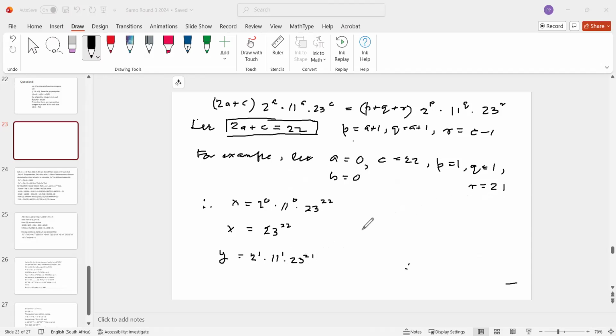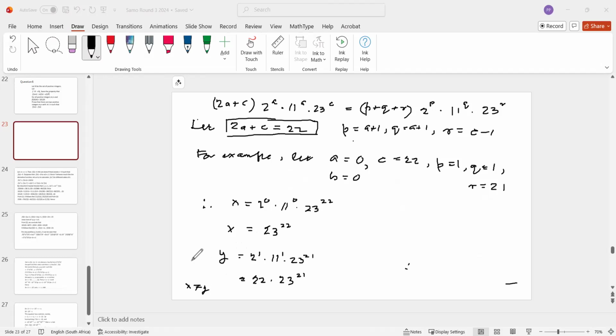So this is actually 22 times 23 to the power of 21. You can see x can't be equal to y because 11 goes into this, but 11 doesn't go into that. So x is certainly not equal to y.